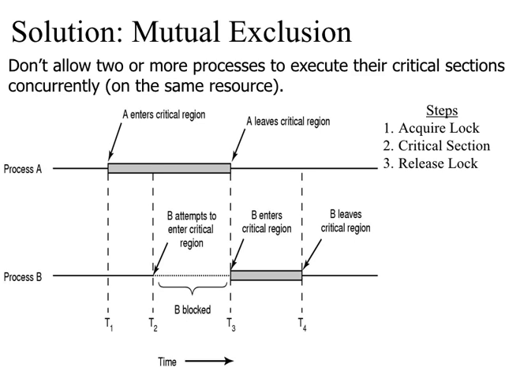So, in order to enforce mutual exclusion, the general sequence of actions is that before entering the critical section, a process or a thread must acquire a lock that guards the shared resource. Next, once it is able to successfully acquire the lock, it can execute the critical section.